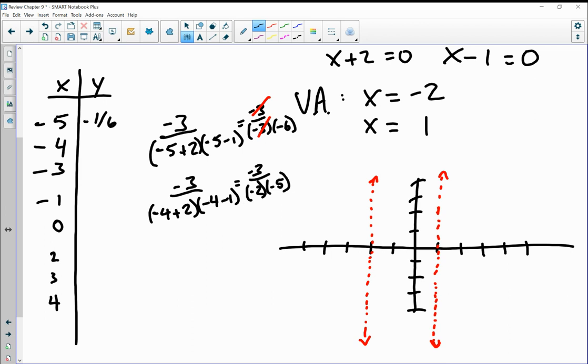It's -3 over 10. -3, so -3 plus 2. And -3 minus 1. -3 plus 2 is -1. -3 minus 1 is -4. That's a positive 4, so -3 over 4.